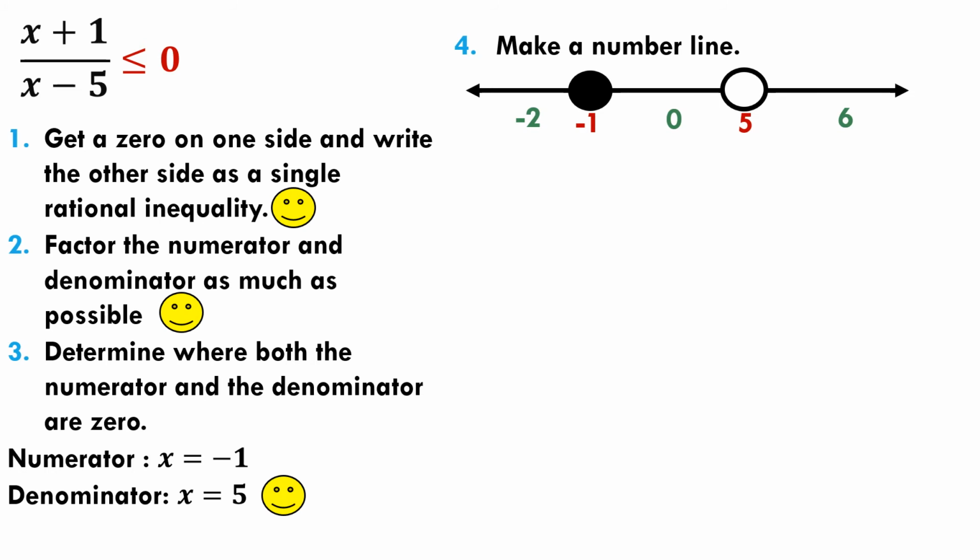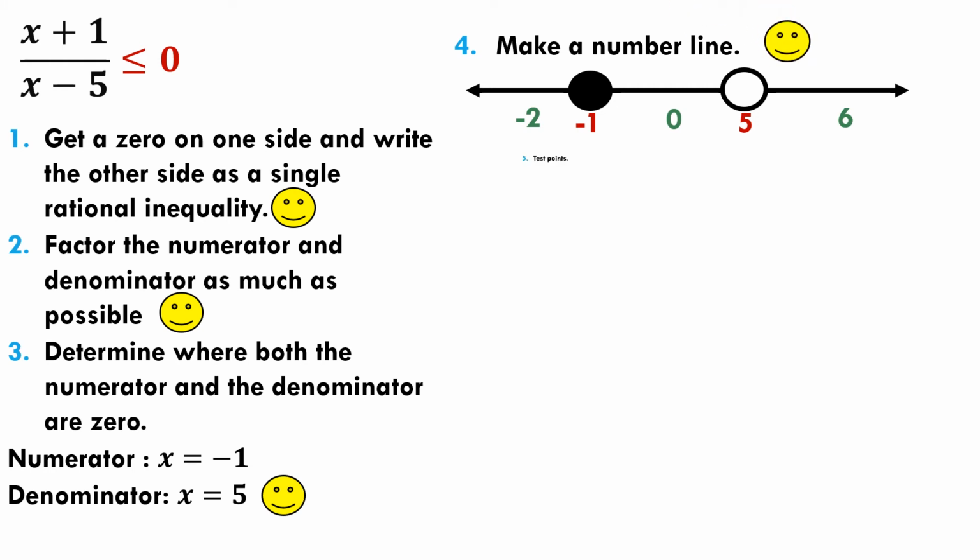Next, for dito sa gitna, 0. Ano yung mga number between -1 and 5? So, pinili ko 0 para mas madali siya later. And for the last point or number, ang pinili ko is 6. Okay? Pipili ka ng number na greater than 5. So, pinili ko is 6. Next step.